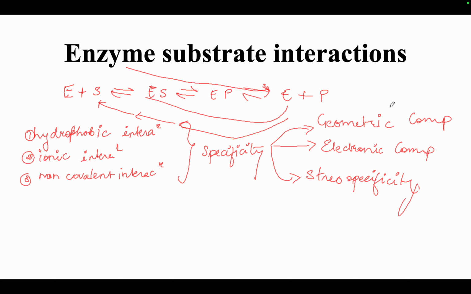And stereospecificity is that the L type of amino acids in enzymes react specifically, there is a stereospecificity towards the substrate. So these are the different types of complementarity which occur during enzyme substrate formation.